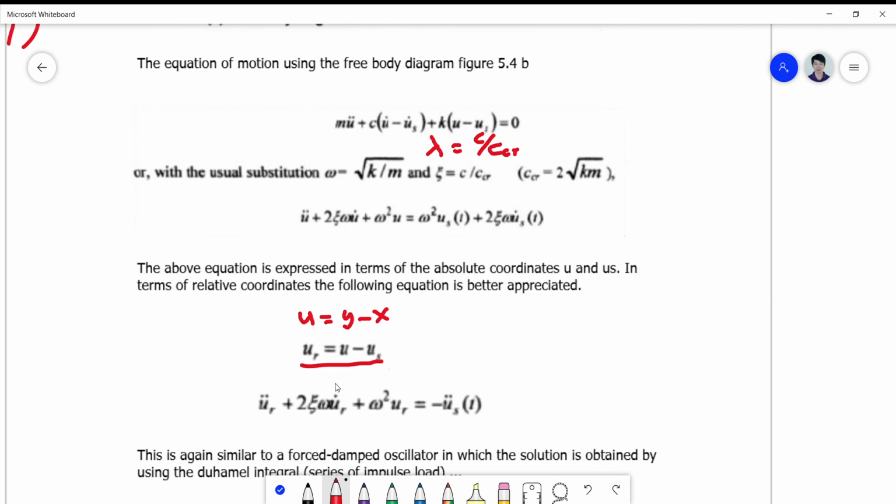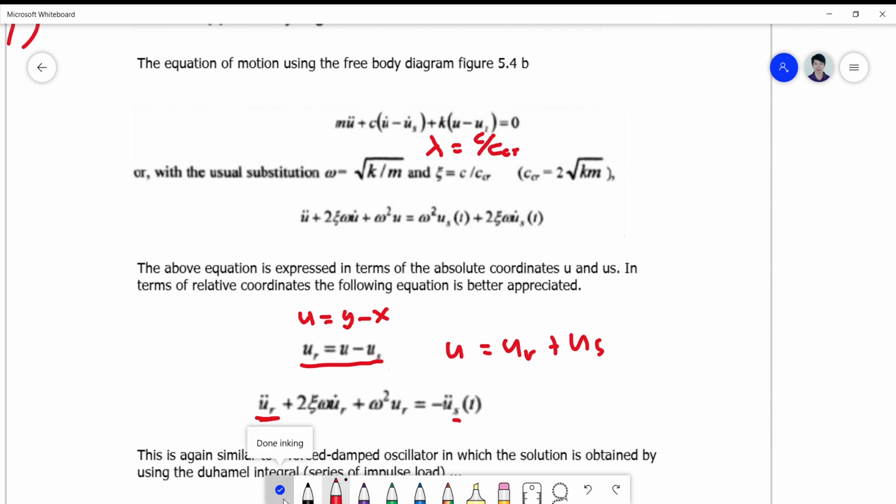Such that your equation now, by simply substituting the value of u equal to ur plus us, we come up with your relative equation, with the right side representing the displacement brought about by the acceleration due to ground shaking. So this is your US.